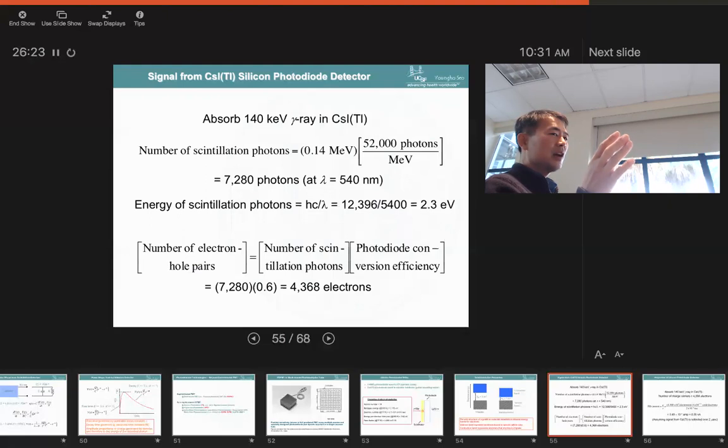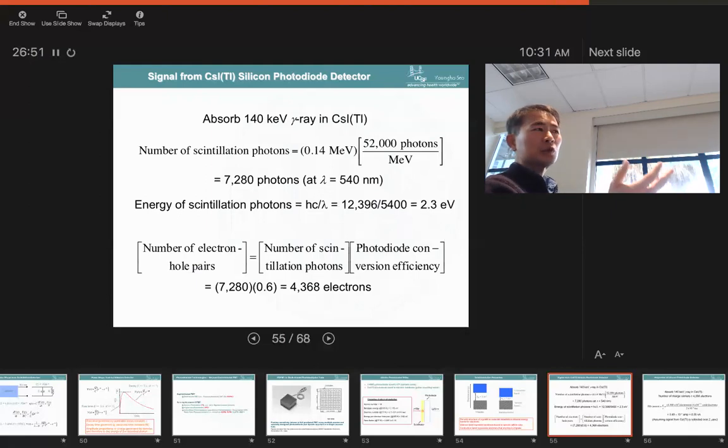Without the doping material, I think cesium iodide is not a very good scintillator. With doping, it has very good scintillation properties, as far as I remember. It's not a semiconductor. Cesium iodide is a scintillator here. So hc over lambda, where c is the speed of light.